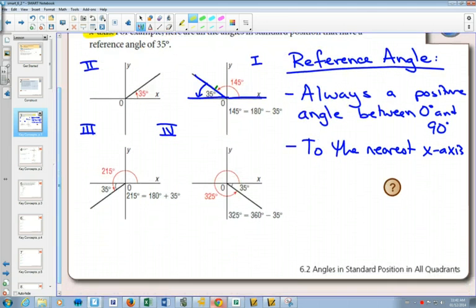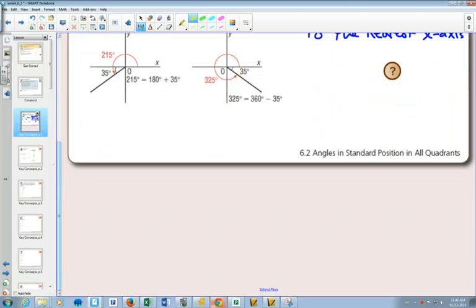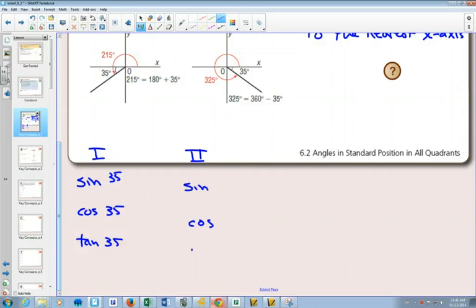For each of these 4 angles, 35, 145, 215, and 325, I would like you to write with a pen, not a highlighter, sine, cos, tan, and then do each of them for 35. That's our quadrant 1. Then quadrant 2 was 145, so do sine, cos, tan for 145.